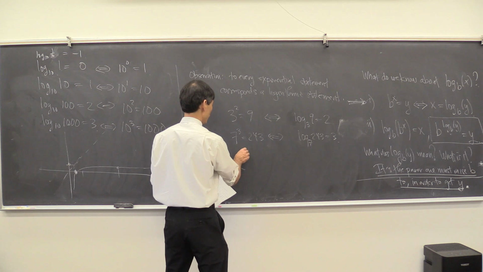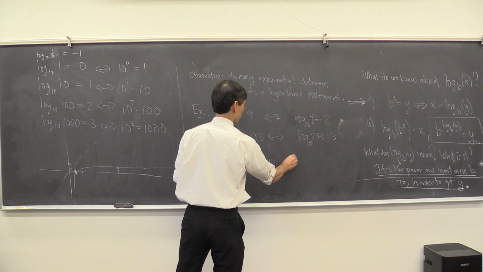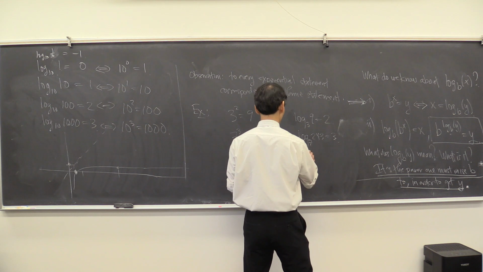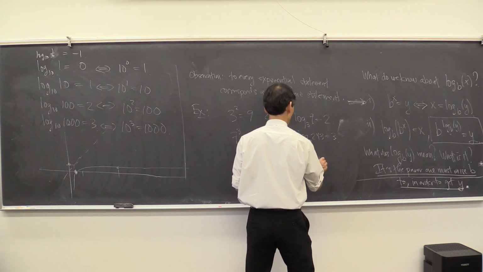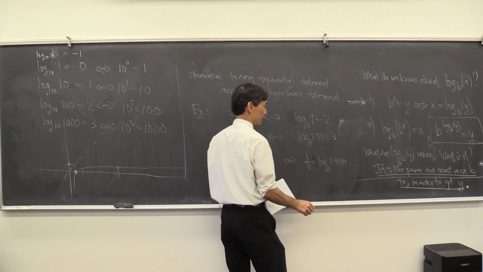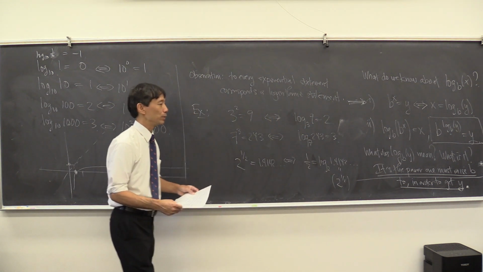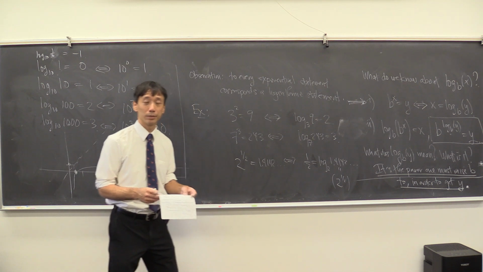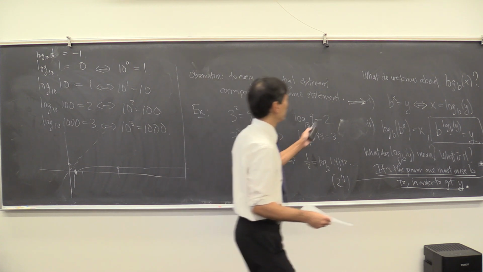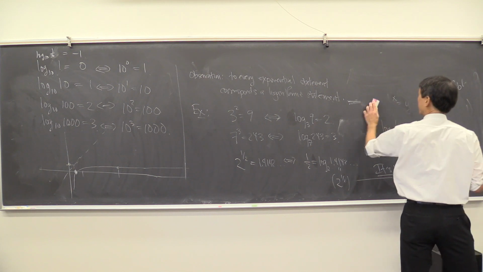2 to the 1/2, the square root of 2, is 1.4142 something. This would say that 1/2 equals log base 2 of 1.4142, etc., which is 2 to the 1/2, of course. Log base 2 of 2 to the 1/2 is 1/2.